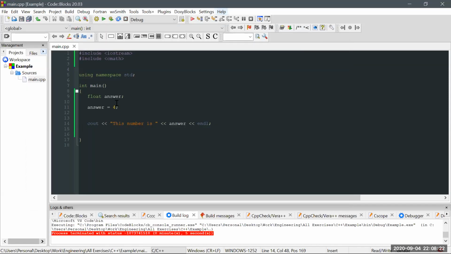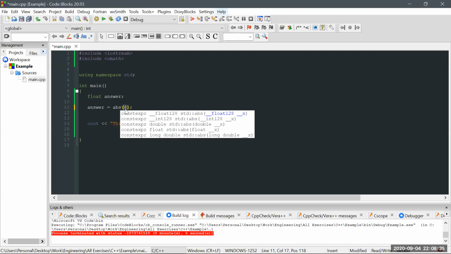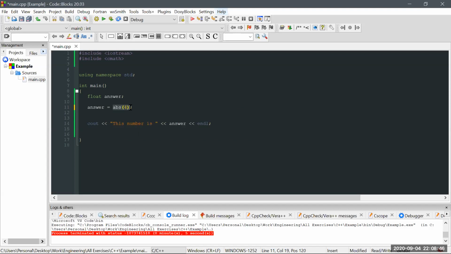Okay. Now, if you are going to use the different functions in cmath, let's say, for example, absolute, we can write it like this, abs. If we place that one, you know that what's inside is what we call the argument. The result will be the same data type as what you write inside the argument.